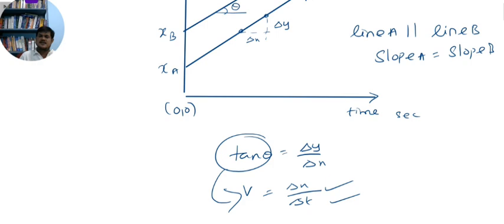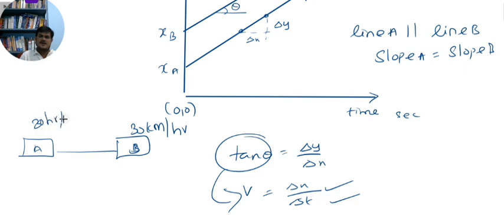Clear? Now car A starts here and car B starts here, so car B is standing ahead of car A. Car B has a velocity of 30 kilometers per hour, and car A is also 30 kilometers per hour.